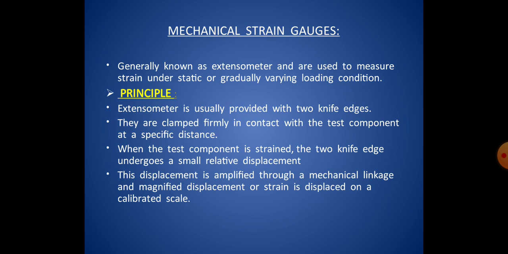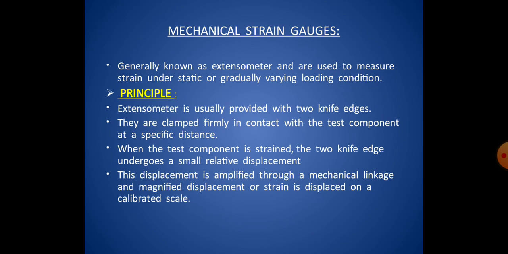Mechanical strain gauge was already explained. It is used under static or gradually increasing or varying loading conditions. Nowadays it is called an extensometer. It has two knife edges clamped firmly in contact with the test component at a specified distance.